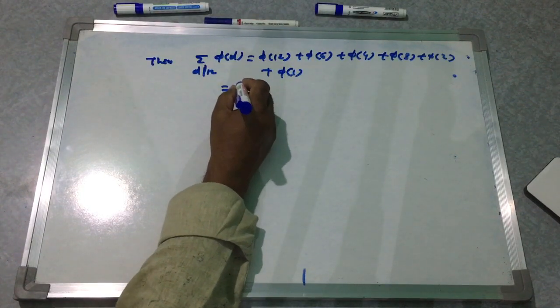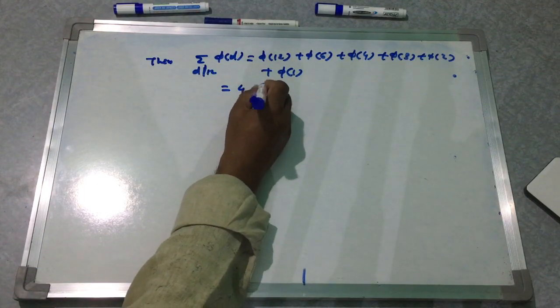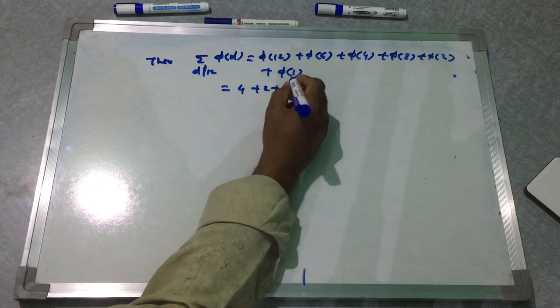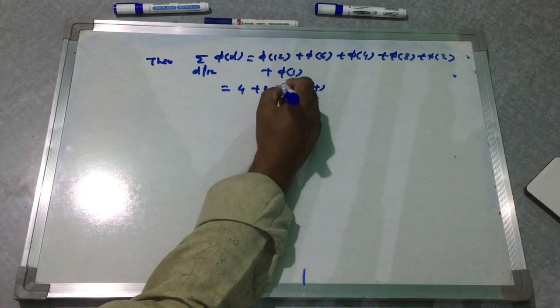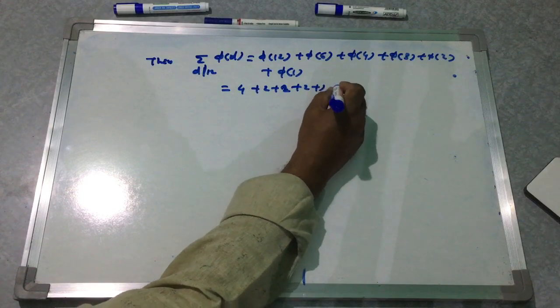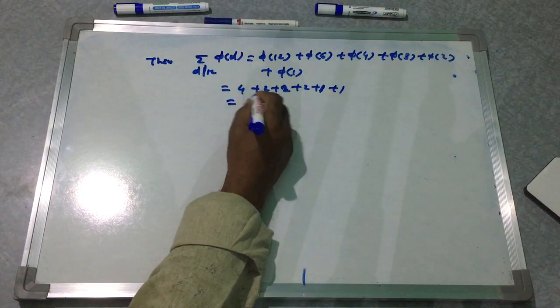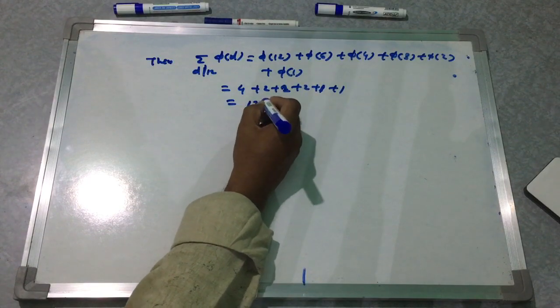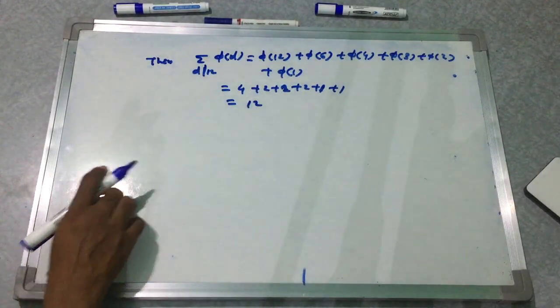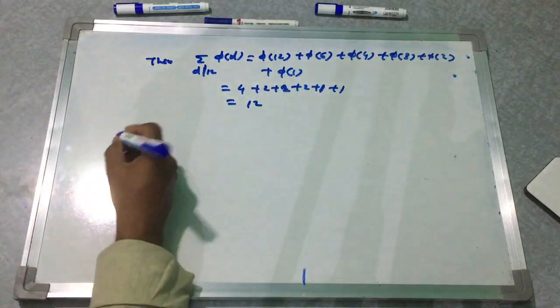This can be written as 4 plus 2 plus 2 plus 2 plus 1 plus 1. This is 12. So this is the answer. In the next time we will look into Euler's theorem.